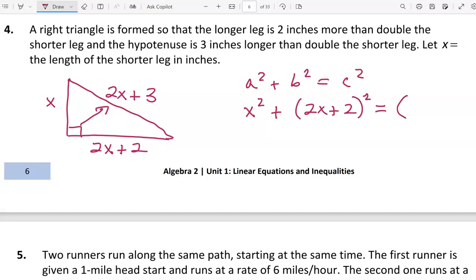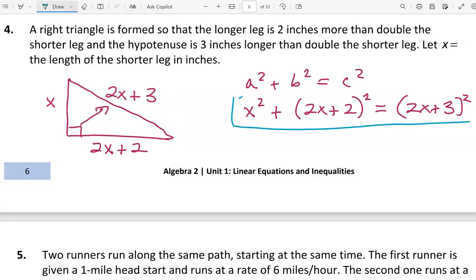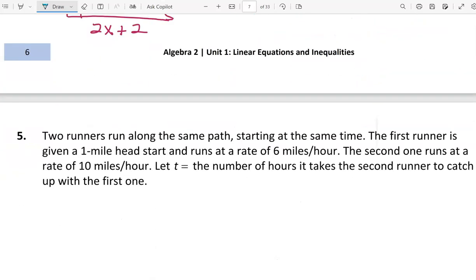And then on the right side, 2x plus 3 squared. If those parentheses are not there, it changes the meaning of your equation. And so if you have doubts about those parentheses, we can talk more about that at another time.